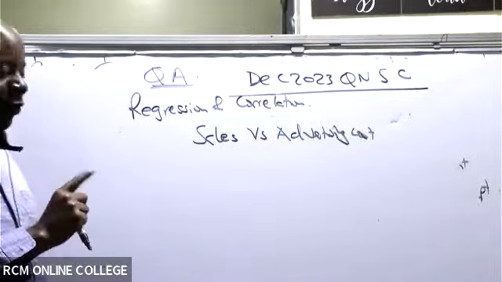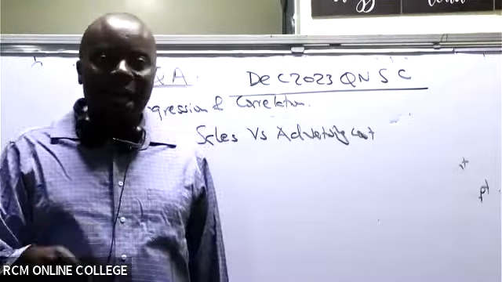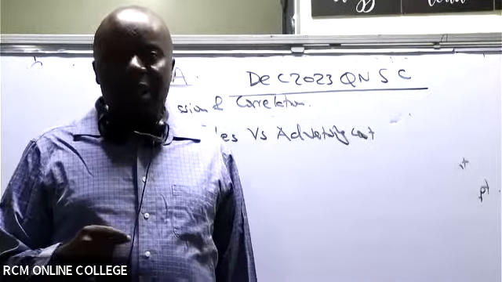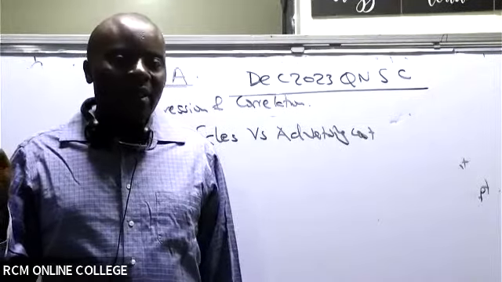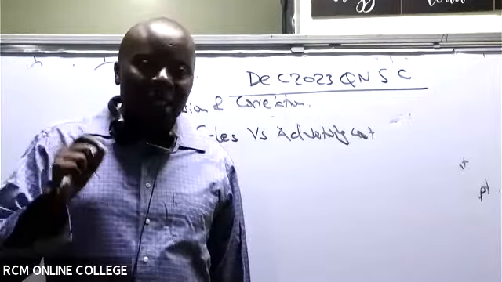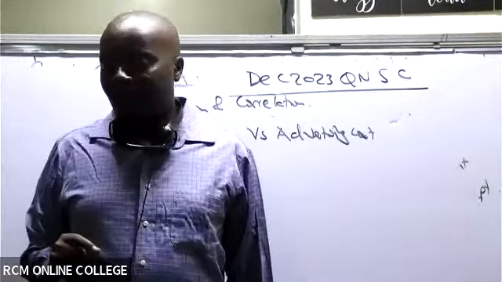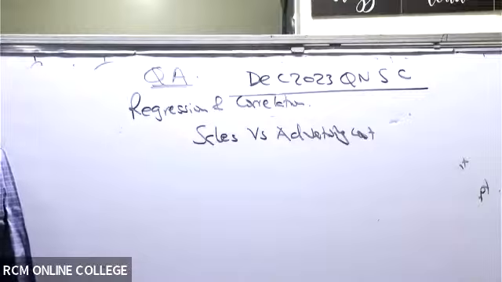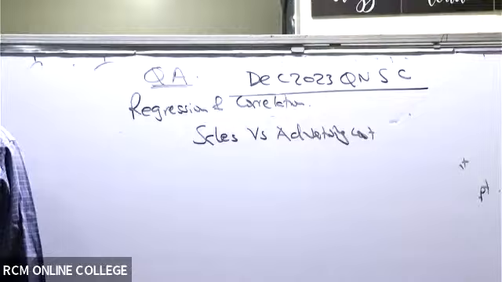Here you will have to really look at the responding variable, the one that responds to the other. So let me put this question to you. Is it true that advertising cost depends on sales, or is it the other way around? Which one do you think responds to the other?